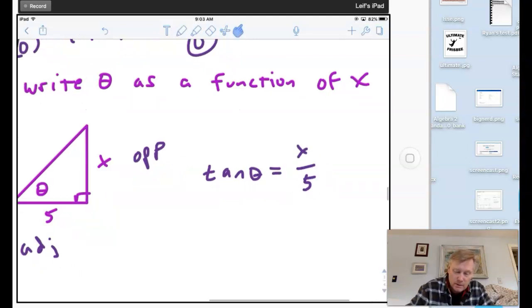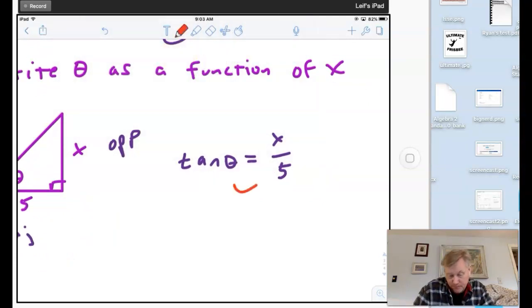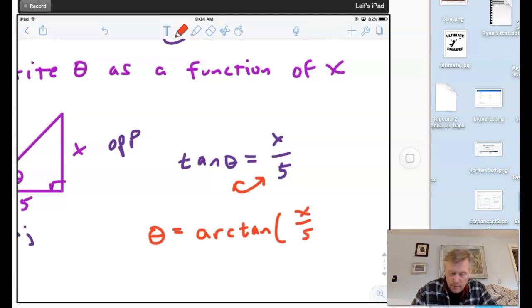Now I want to get the theta alone, which means if I do the inverse tangent or the arctangent, either one, I can switch those two, right? Which means theta gets alone, and this could be the arctangent of the x over 5. And that is my answer, okay?